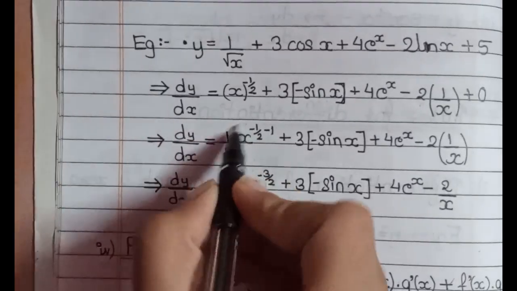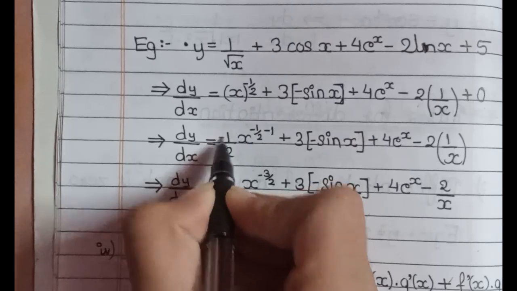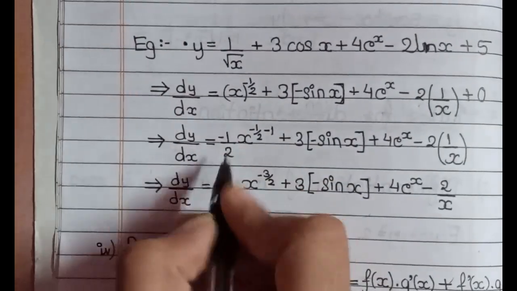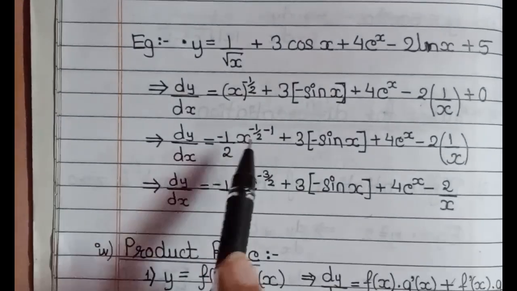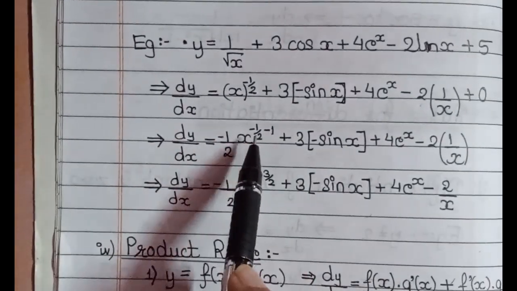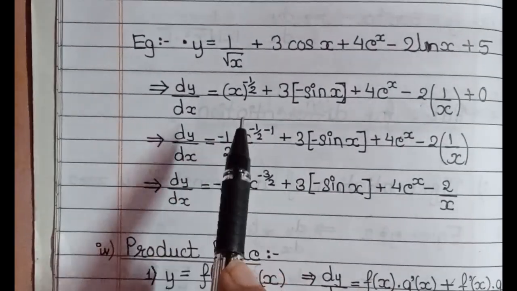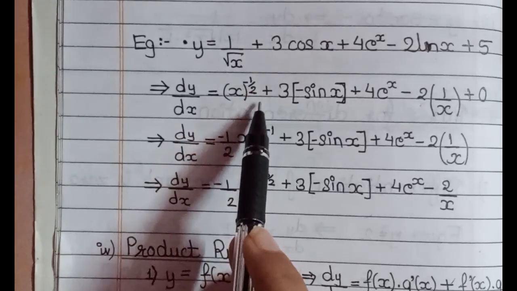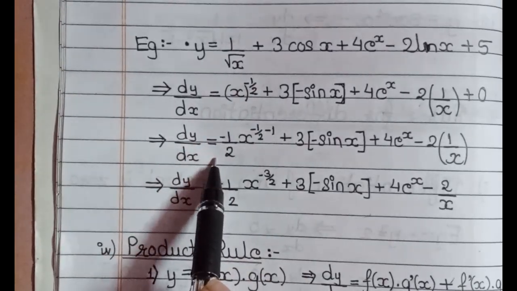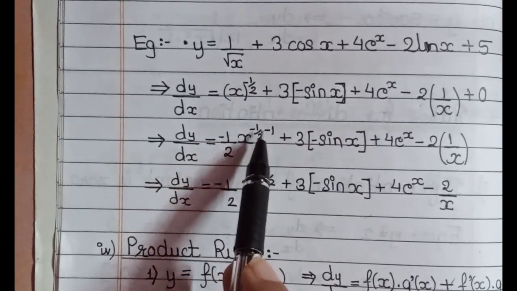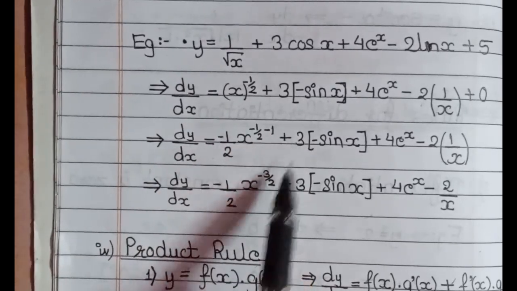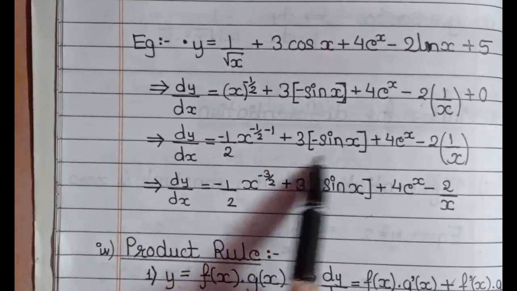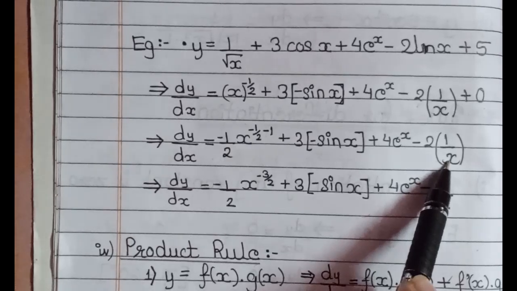Here there must be a minus sign, as we know that x power n differentiation is n x power n minus 1. Here n is minus half, so minus half will be taken at first, then x, and then the power will be reduced by 1. The next terms will be as it is.